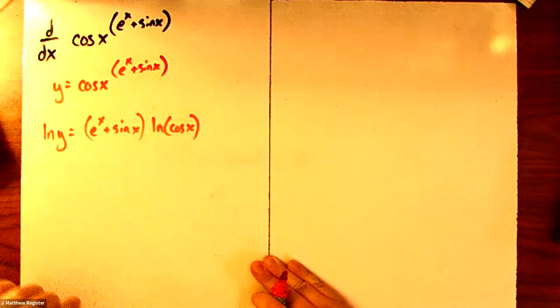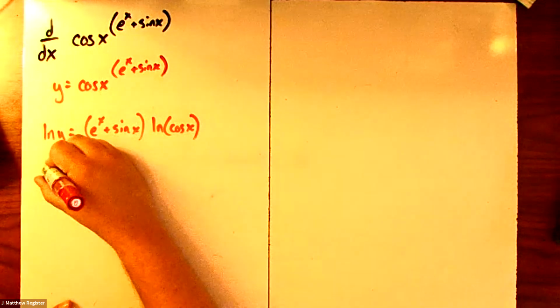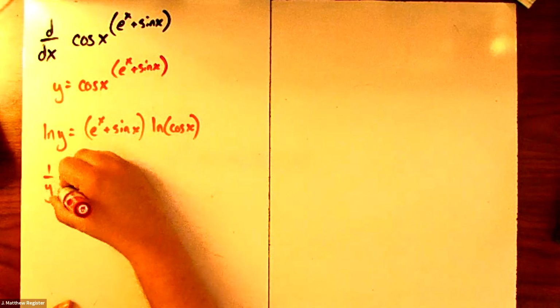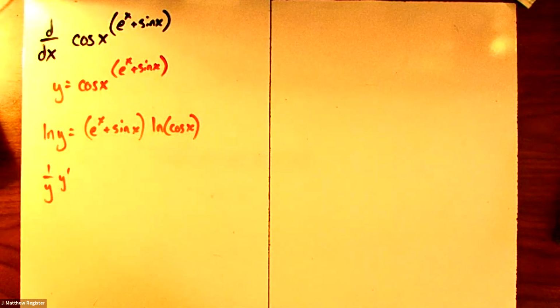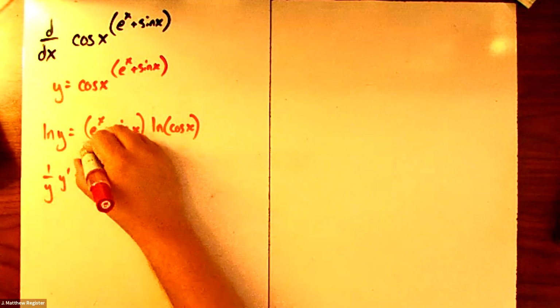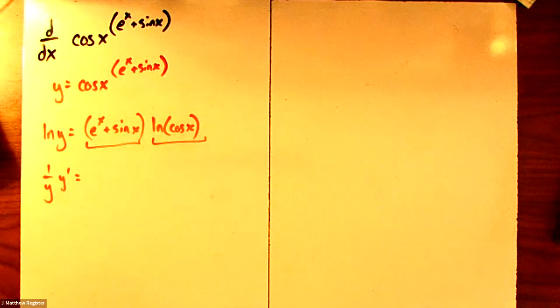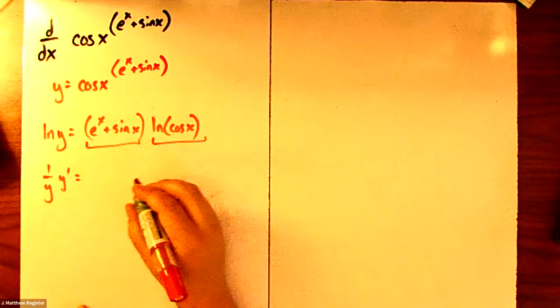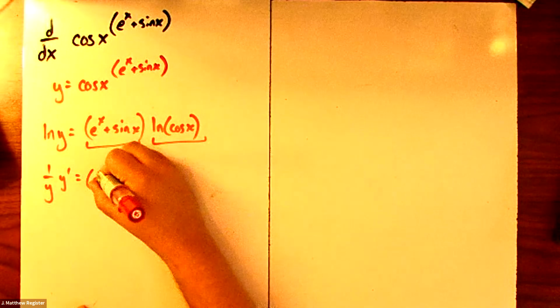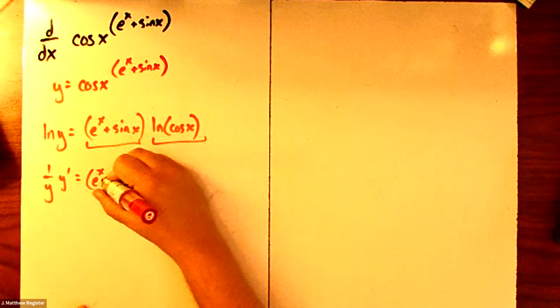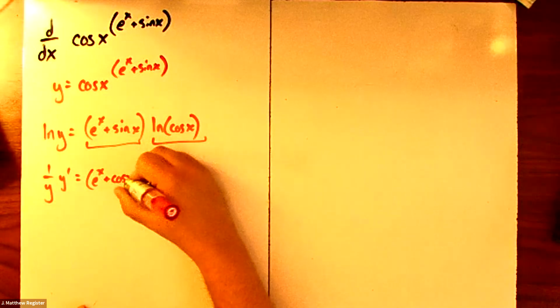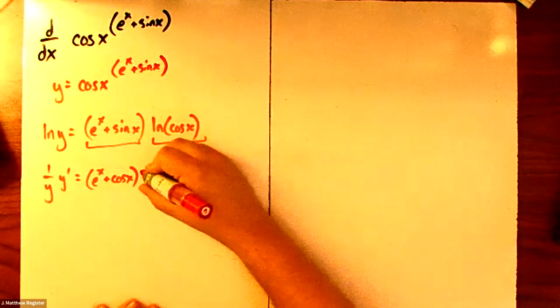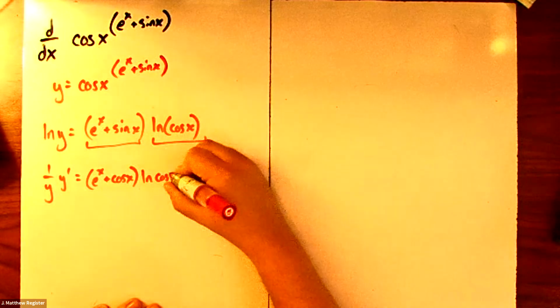Well, on the left side, the derivative of natural log of y is going to be 1 over y times y prime. On the right side, we have a gross little product rule. And so the derivative of e to the x plus sine of x would become e to the x plus cosine of x times natural log of cosine of x.